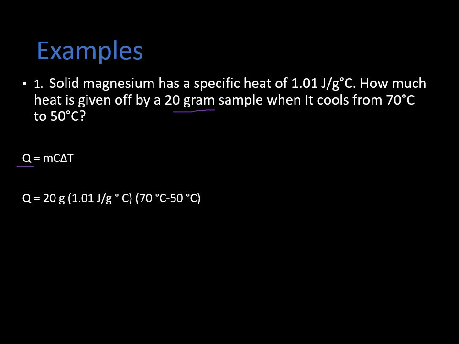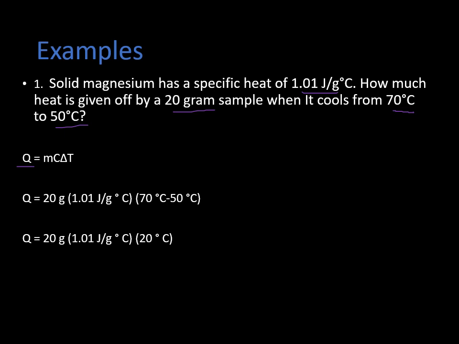We have been given grams, we have been given the specific heat, and we know that it cools from 70 to 50 degrees. I can simplify this a little bit more. We have 20 grams times the specific heat of magnesium, and the change in temperature was 20 degrees Celsius.